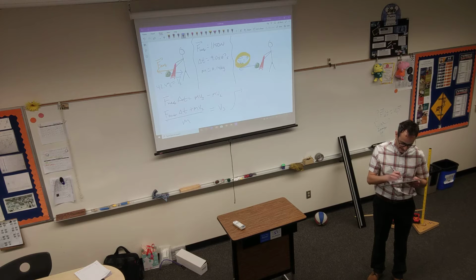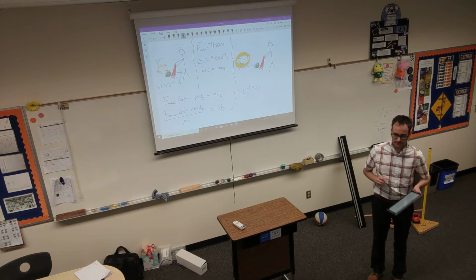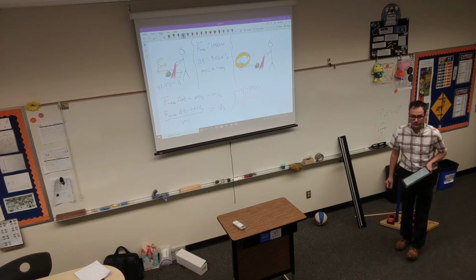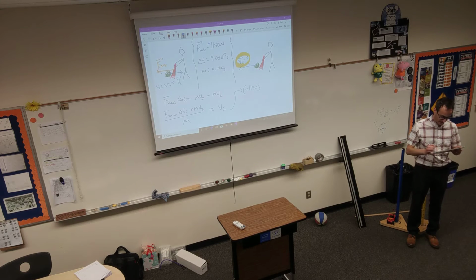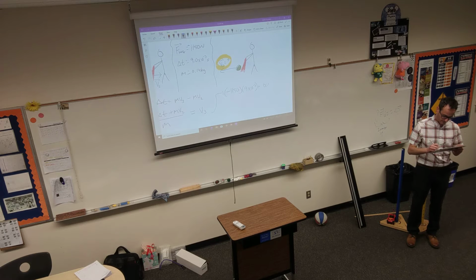So this is negative 1150. Now, yes, if you change the direction of your diagram, that would change things. So times the time, 9 times 10 to the negative 3, plus the mass, 0.14, times the velocity, 42.4, divided by the mass, 0.14.